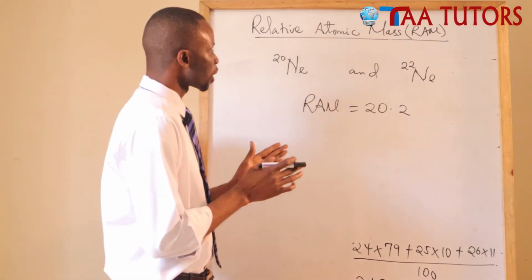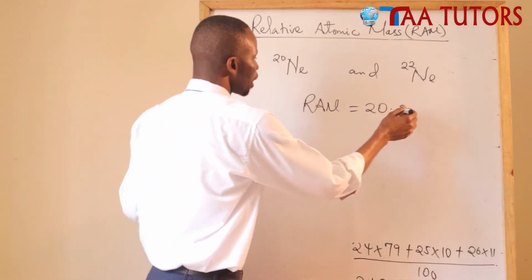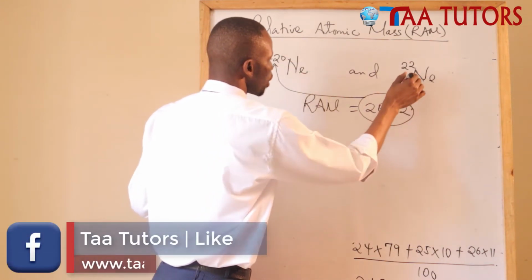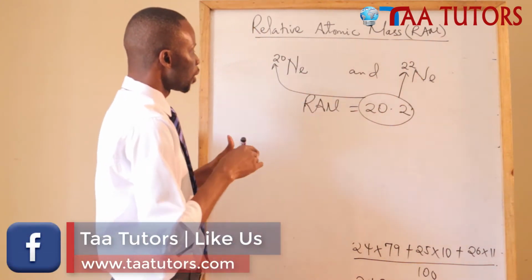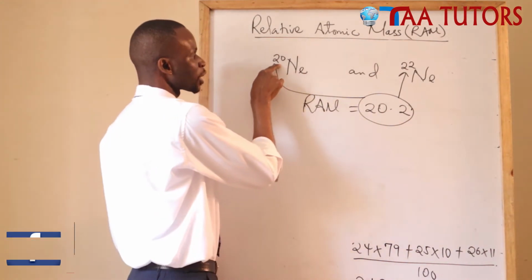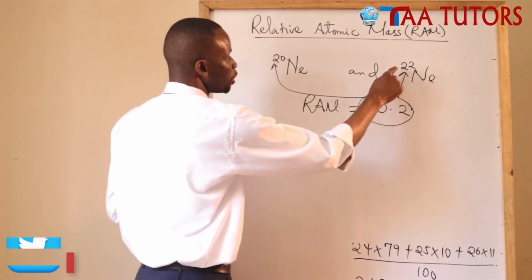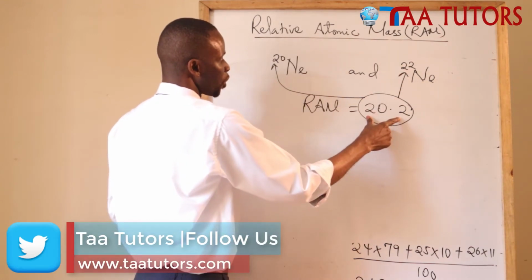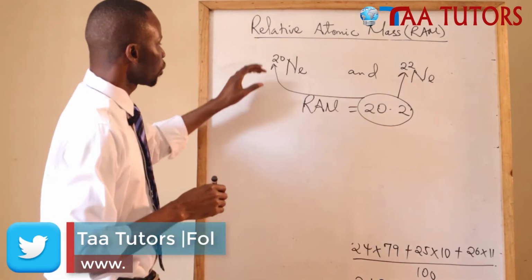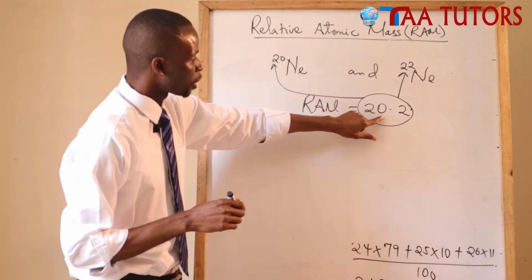For us to be able to answer this question, we have to compare the relative atomic mass with the mass number here and with the mass number here. Which isotope is closer to its mass number? Which mass number here is closer to 20.2?